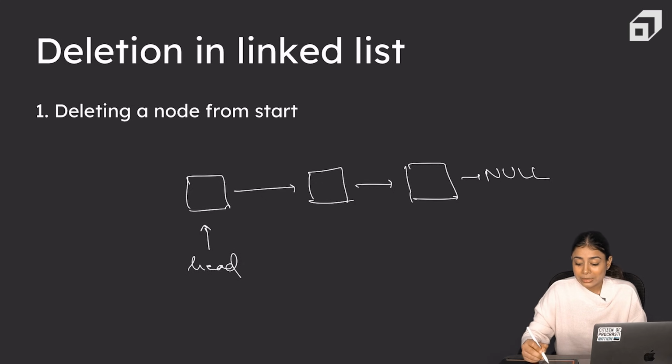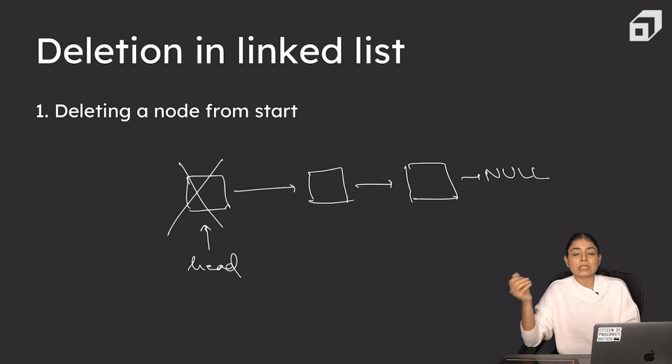We just have to delete the node that is present at head pointer. But also we'll have to shift the head pointer to the next node, right? If I just delete this head node, how will I know where my linked list is starting? Where will the head pointer go, right?